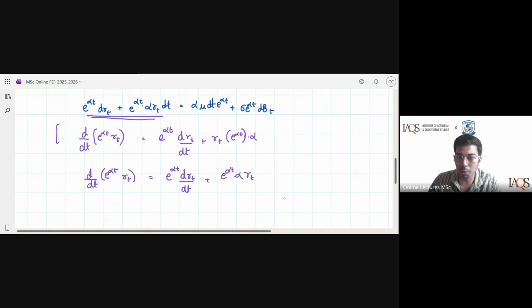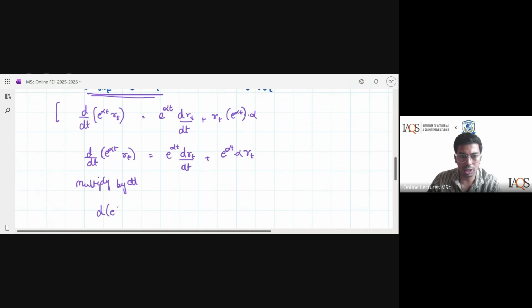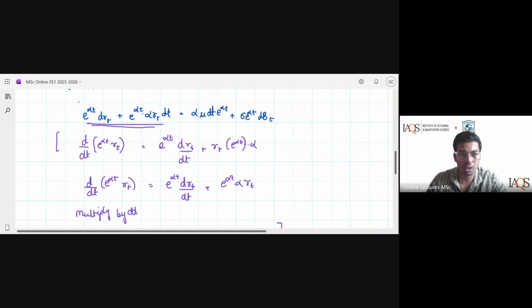Now if I multiply throughout by dt, this will become d of e raised to alpha t RT is equal to e raised to alpha t dRT plus e raised to alpha t alpha RT dt. With me till here?